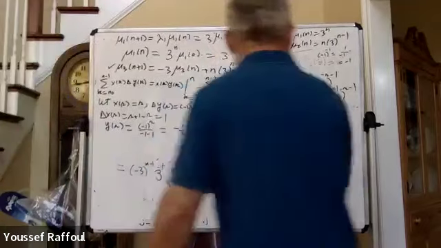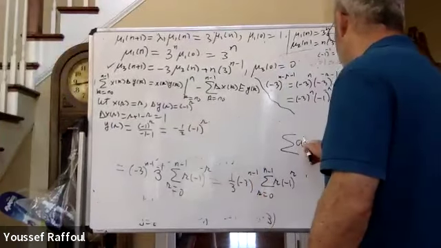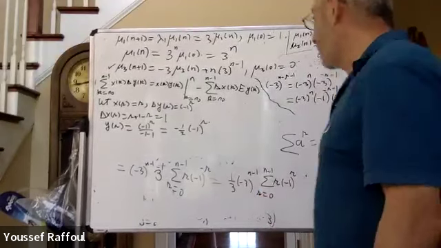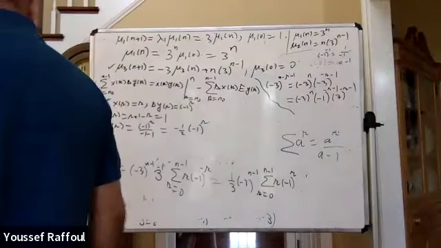So what I used is that the sum of a^r is a^r over a−1. Okay?